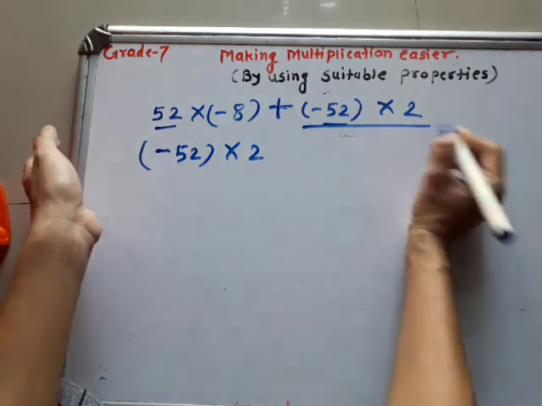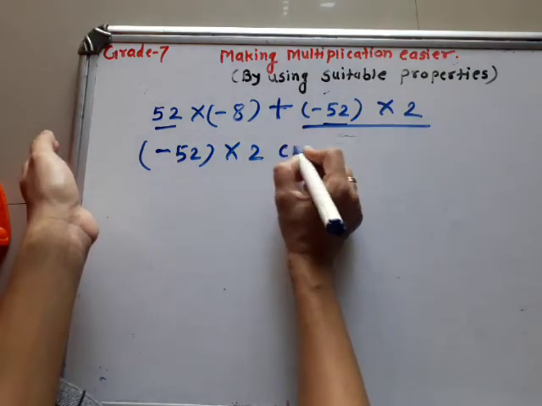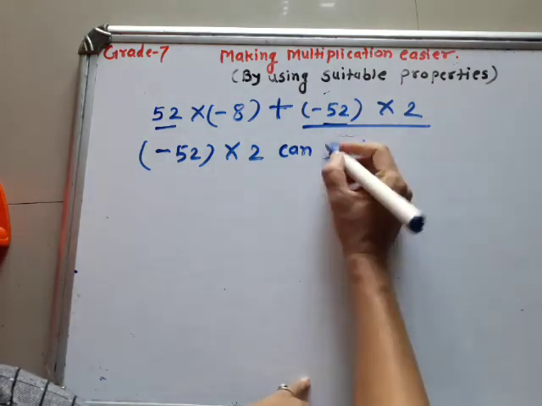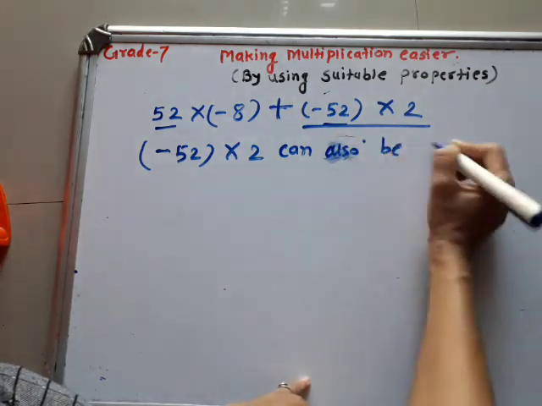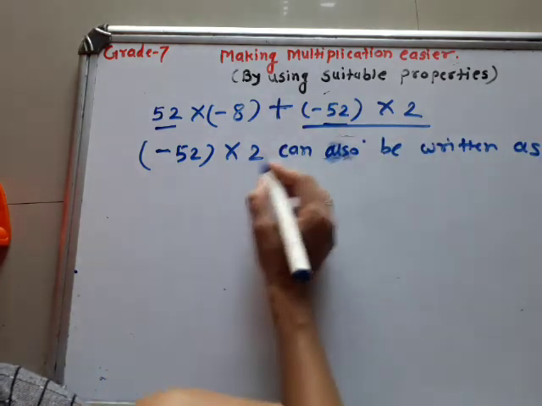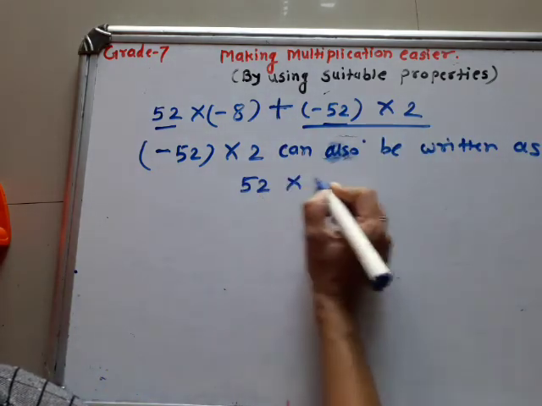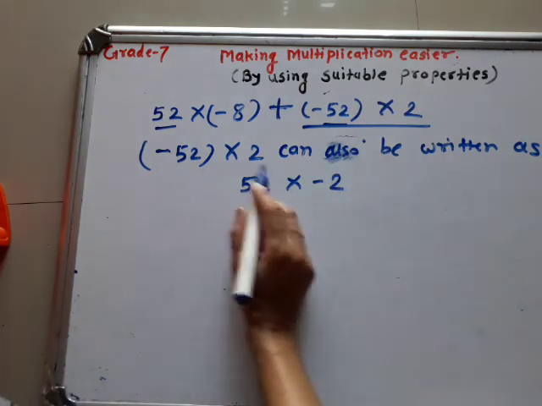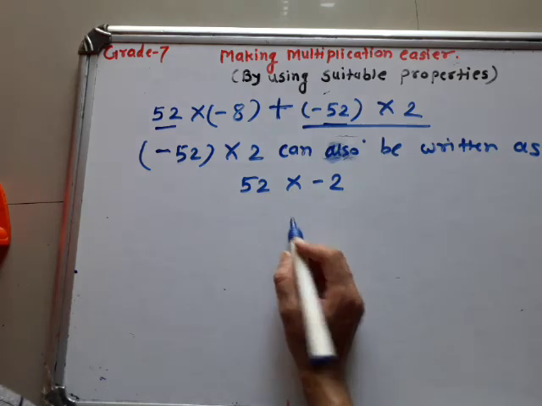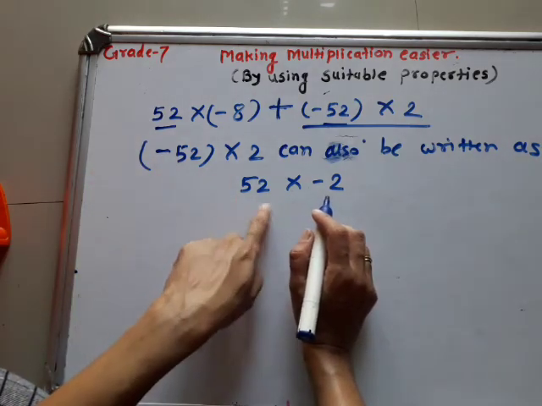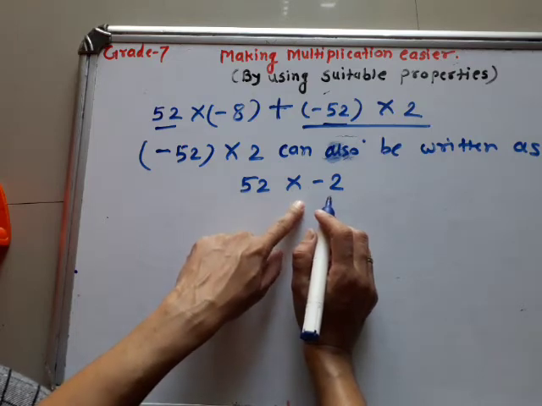52 multiply by 2 can also be written as 52 multiply by minus 2 after we change the sign; we get the same answer, 104 with a minus sign.